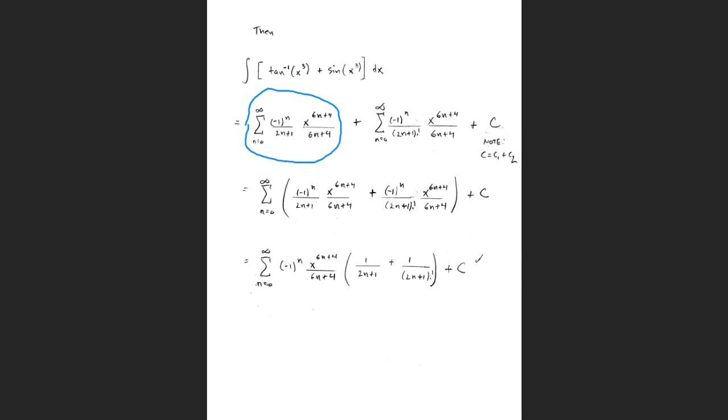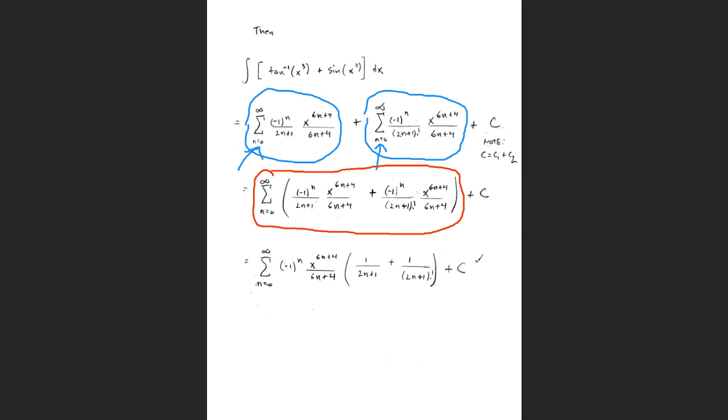This power series and this power series, since they start at the same index, n equals 0, we can just combine them to get a single power series. And incidentally, the sums of the two constants of integration, C1 and C2, we'll just call C.